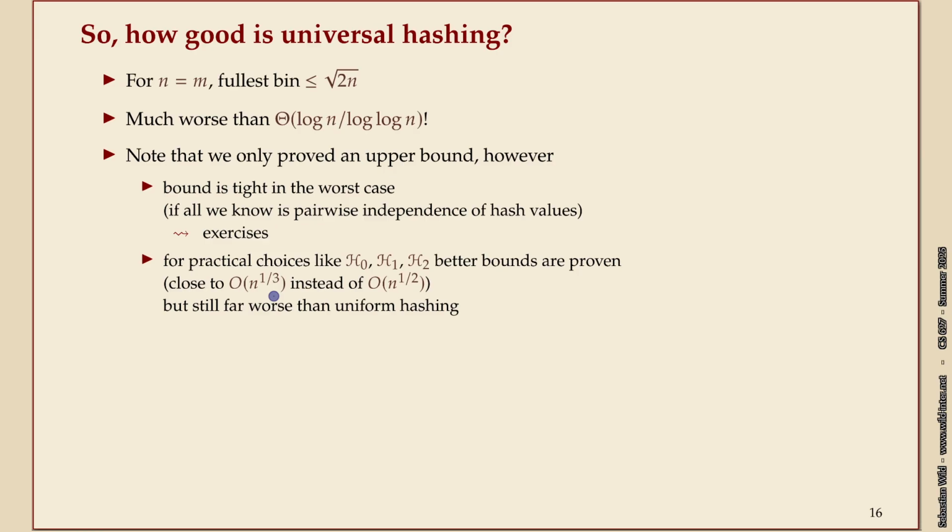It's better than the square root n, but it's cube root n, roughly. So I wrote close to because there's some polylog factors missing. And the analysis is more complicated. And I think this is essentially tight. So it seems for the practical choices of universal hash functions, the truth lies somewhere in between, but morally closer to the square root n than the log n case from uniform hashing.